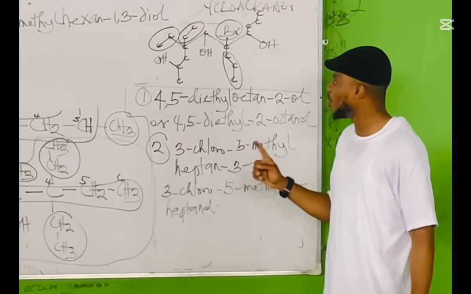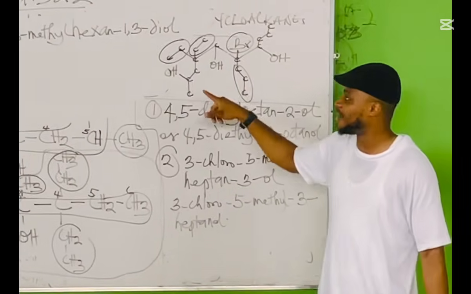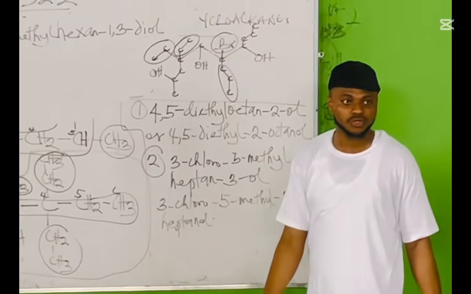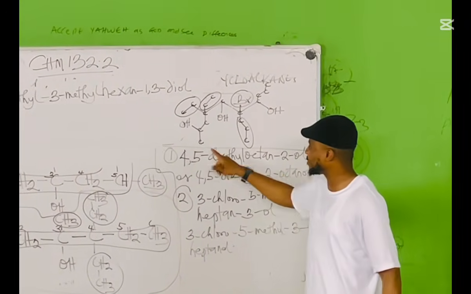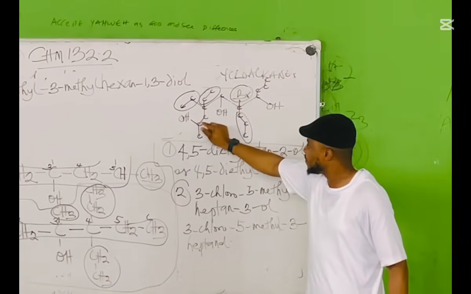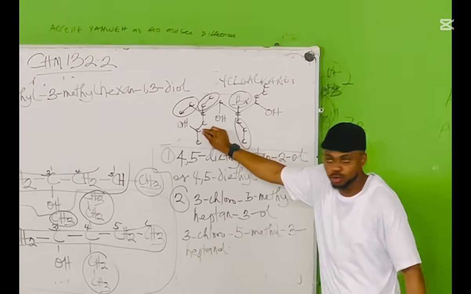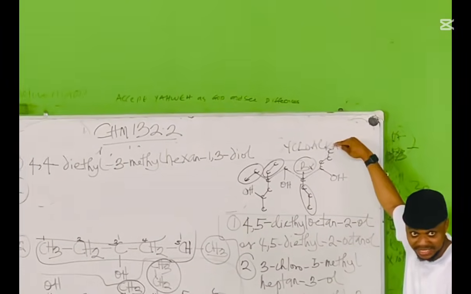Now we have to count the long chain to give us the smallest possible number for the groups. Okay, so let's do that quickly. If we start from here, we have 1, 2. I see it. This group is connected to carbon 2 from this numbering.